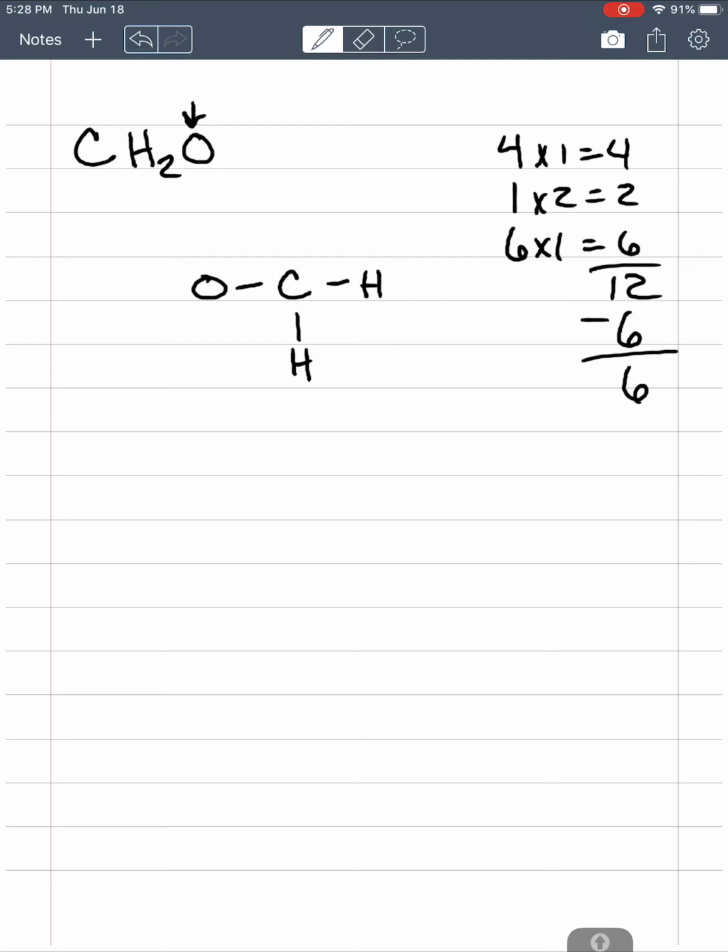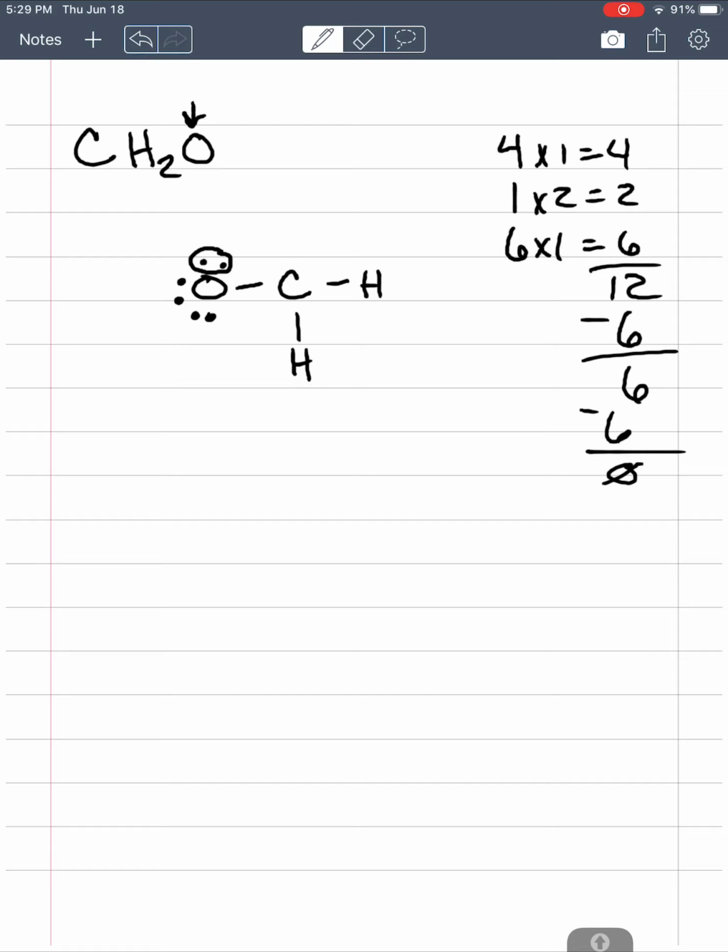We've used 6 in our bonds, leaving us 6. And we can't put them around the hydrogen because that's a no-no. We can only put them around oxygen. Then we have to check the middle one for an octet. Carbon can take an octet. It doesn't have one.